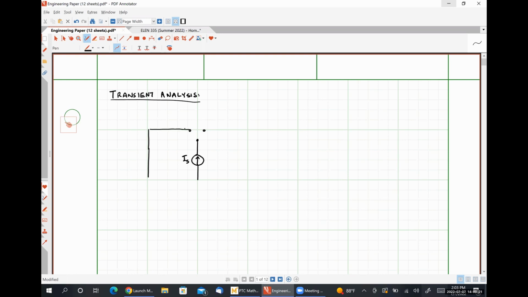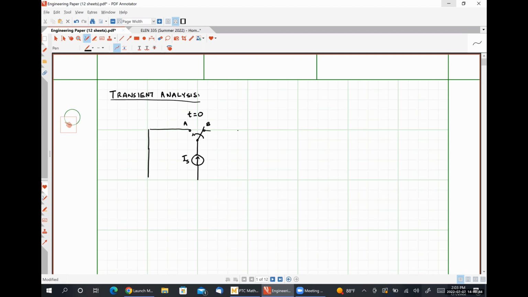And initially, our switch is going to be closed over here to the right at position B. And then at a particular instant in time, which we're going to call t is equal to 0, the switch is going to transition from being closed at position B to being closed at position A.